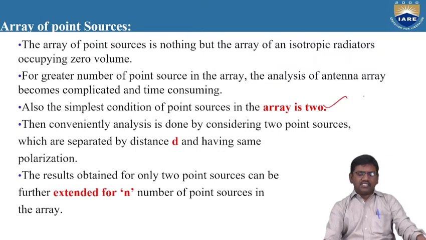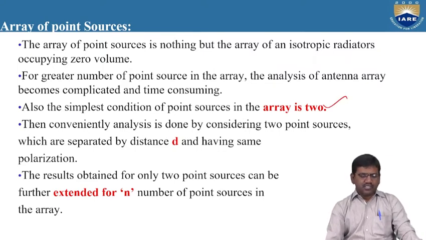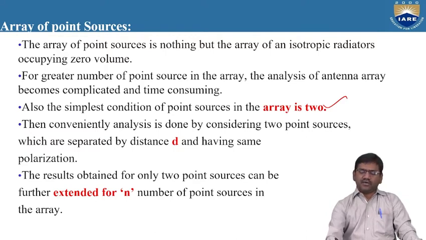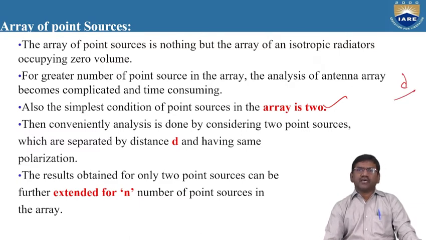Conveniently, the analysis is done by considering 2 point sources which are separated by distance d and having the same polarization. To reduce the complexity of the mathematical analysis of the array, let us take 2 point sources separated by a small distance d, having the same polarization. That means the field strength produced by the 2 elements will be the same.